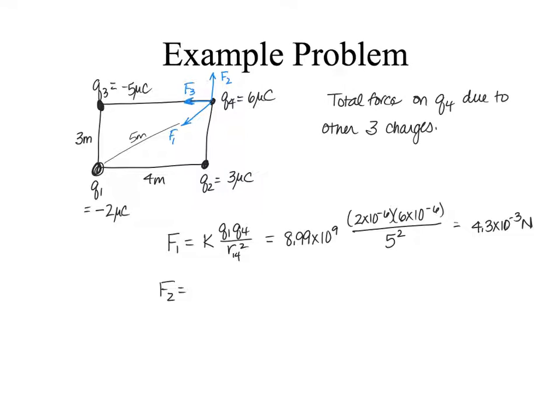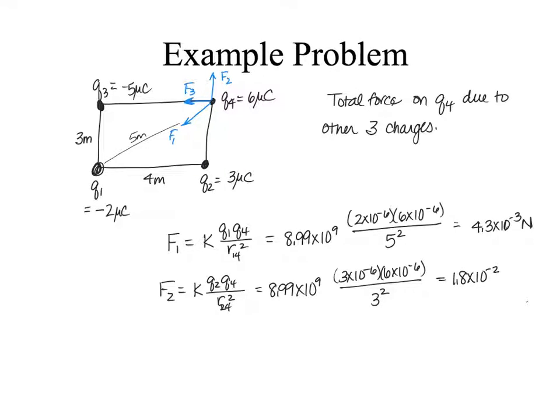Force 2 is equal to k Q2 Q4 over the distance between 2 and 4 squared. And the distance between them is 3. That force is a little larger because the charges are a little larger and the distance is a little smaller.